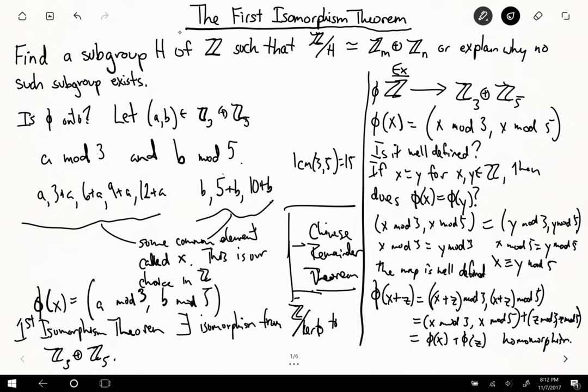So if that's the case, then now what happens? Well, since we have our first isomorphism theorem, what happens in general then, as long as we can find kernel phi, we have a solution. So what is kernel phi?